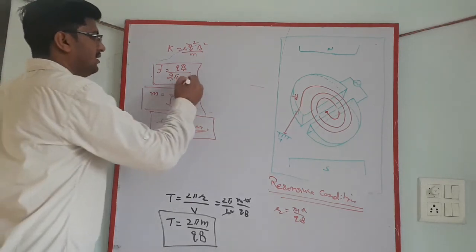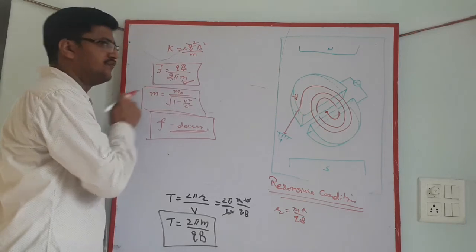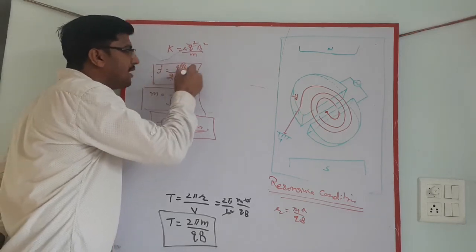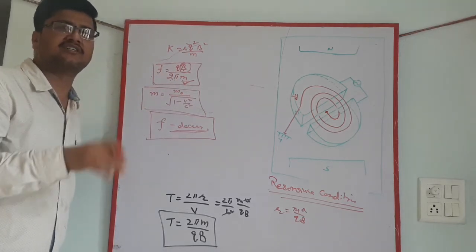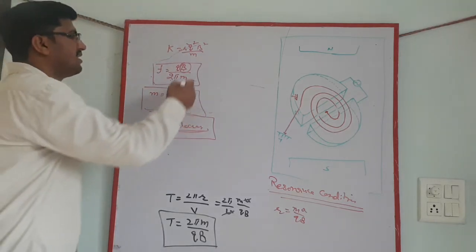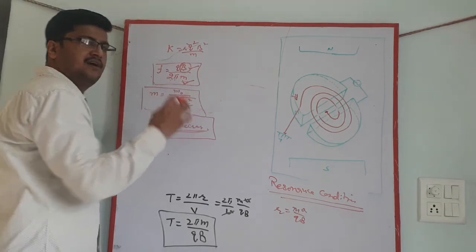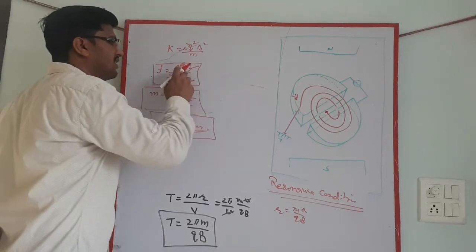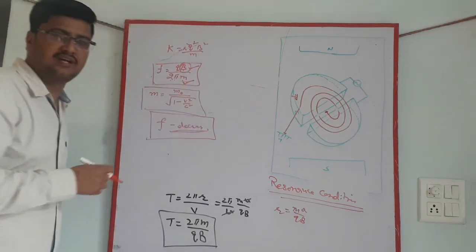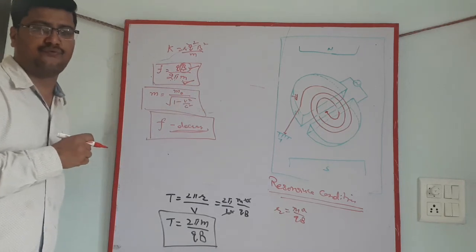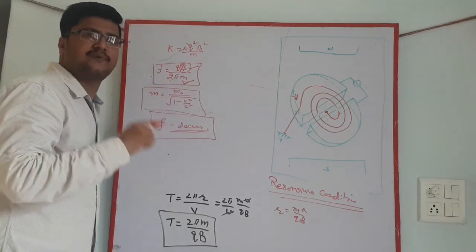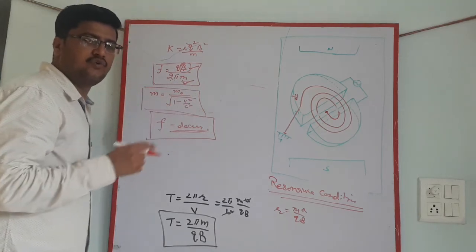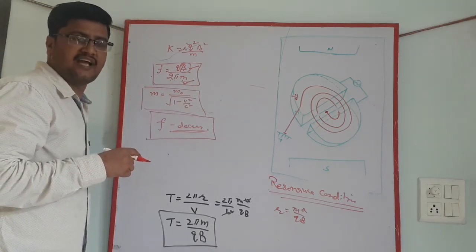First method, m is increasing, which decreases f, so increase the magnetic field, which will increase f, and the ultimate result will remain the same. That means as the velocity increases, simultaneously keep on increasing the magnetic field. Such a cyclotron in which the magnetic field is increased as the speed of the charged particle increases is known as synchrotron.